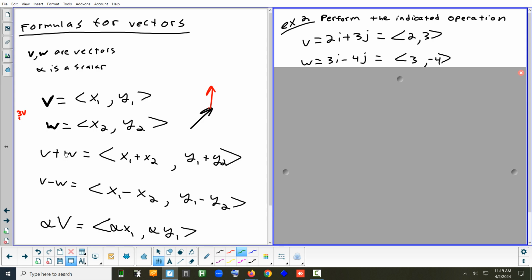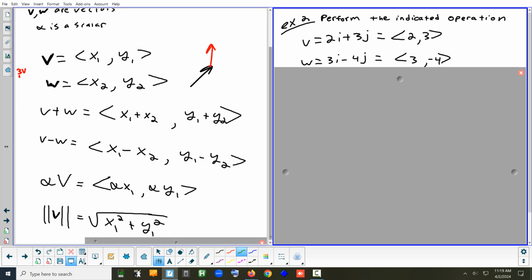Okay, so let's try each one of these formulas, but let's use some actual numbers. I've written the vector in each notation. The first one is the unit vector notation, and the other one in the angle brackets is what we learned yesterday.